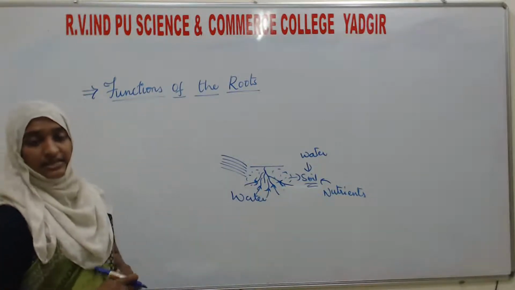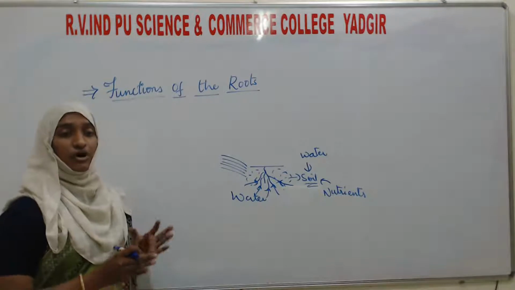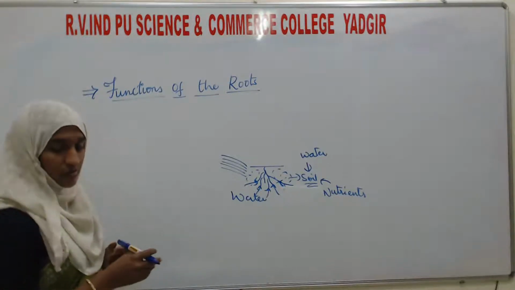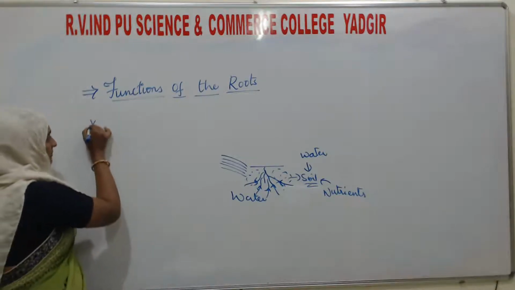The water and nutrients absorbed by the roots are essential for the growth of the plant. So that's why absorption of water and minerals.